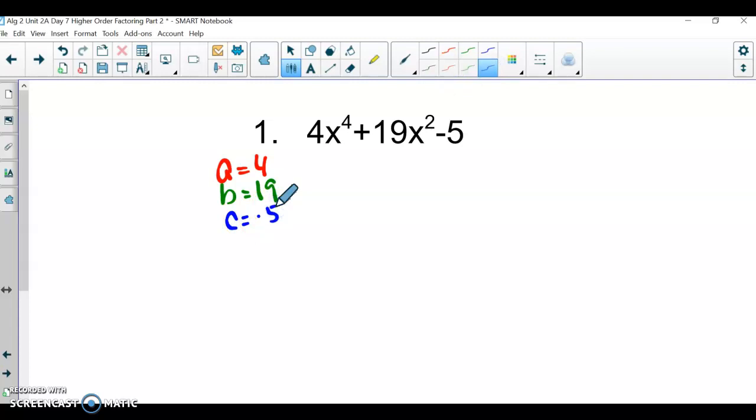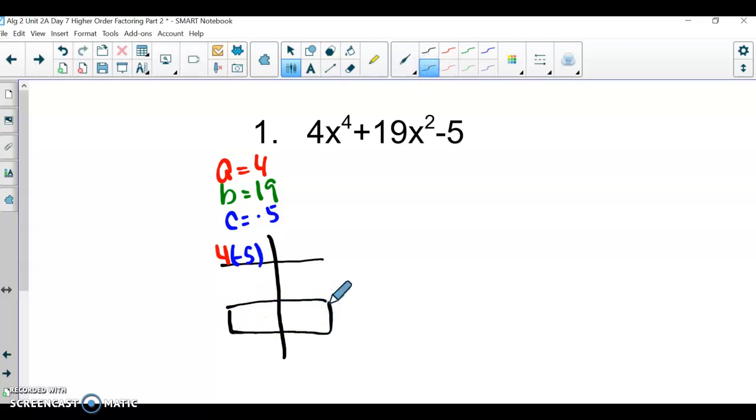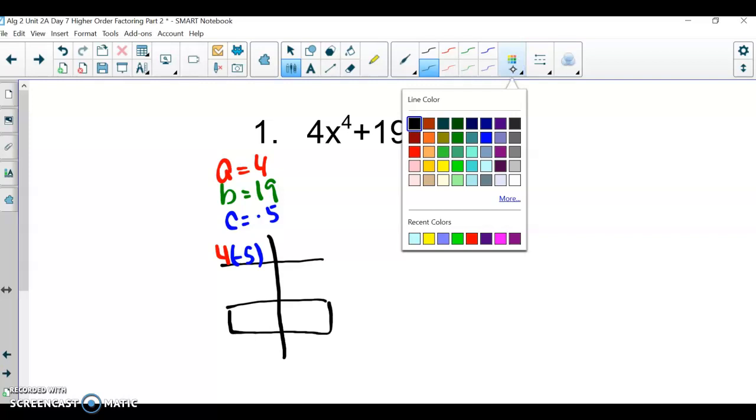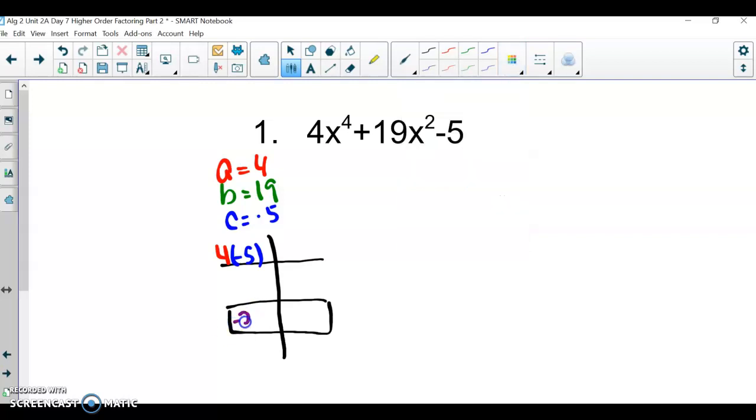And we multiply a times c, so we make our T chart. Multiply our a, which is 4, times our c value, which is negative 5. So 4 times negative 5, we find out is negative 20. And the b value that we're trying to solve for is that the sum is 19.